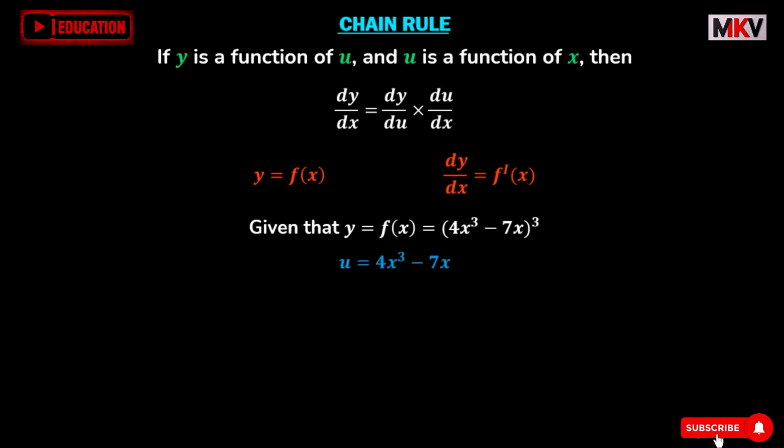Firstly, the terms in the bracket, we denote them as u, or we equate those terms in the bracket with u. You can use any different alphabet, but mostly we denote it with u. After denoting the term in the bracket with u, your y therefore becomes u to the power 3.